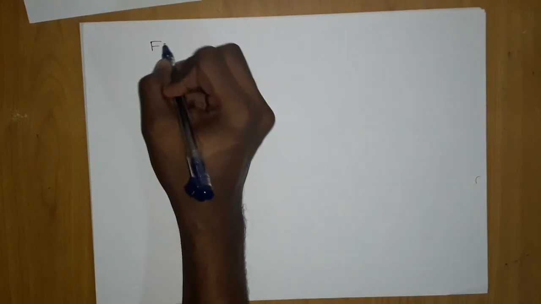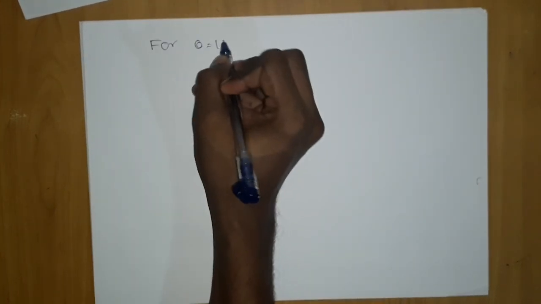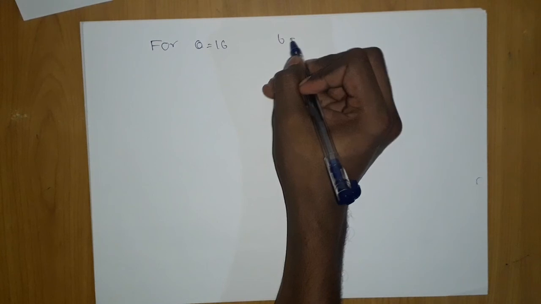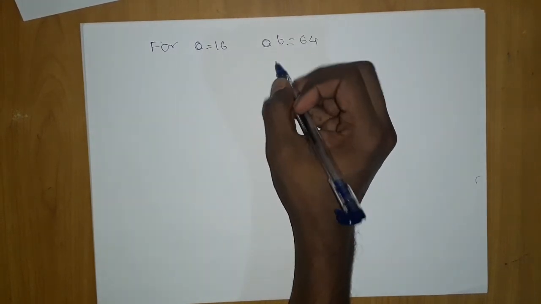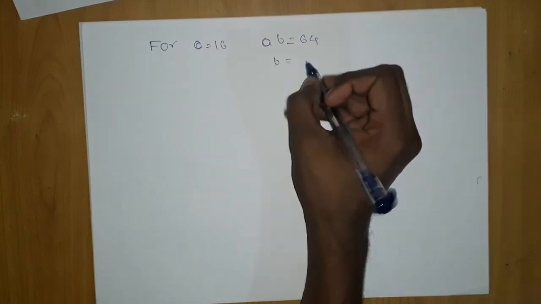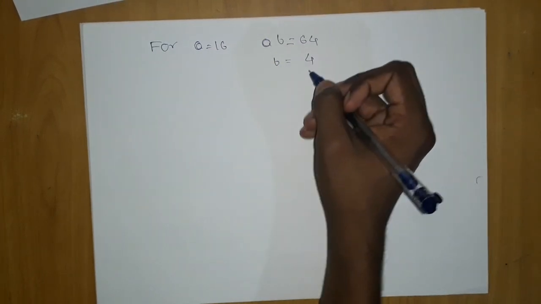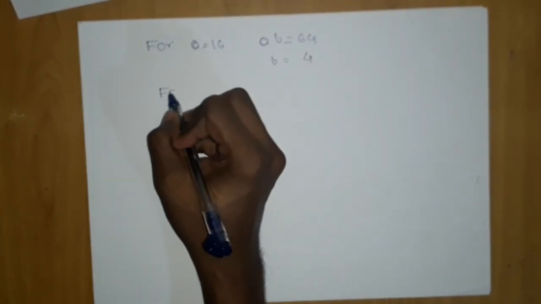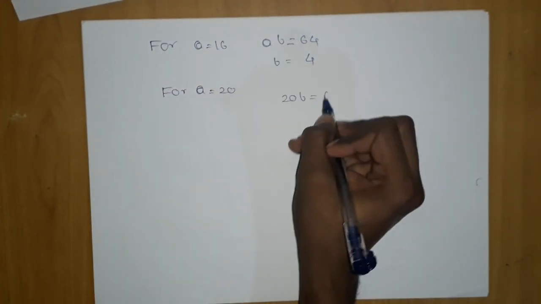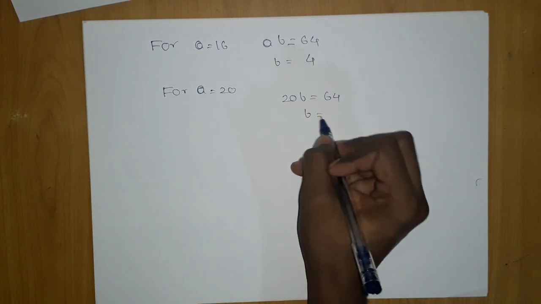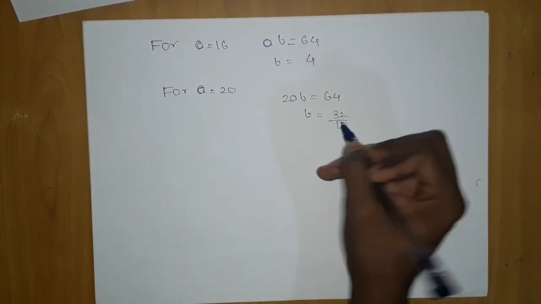Yes, for A is equal to 16, A into B should be 64. What we are getting? B is equal to nothing but 4. Now for A is equal to 20, 20 into B should be equal to 64, which gives me B is equal to 16 by 5.